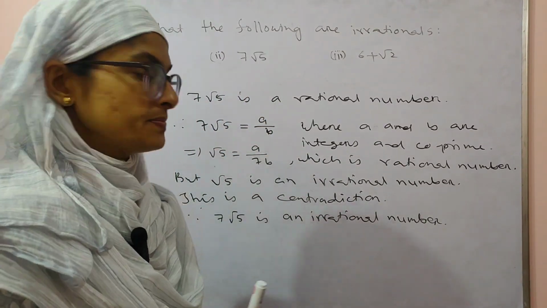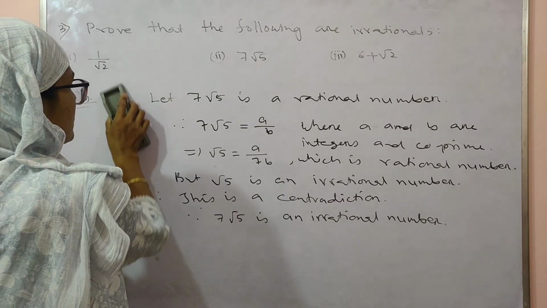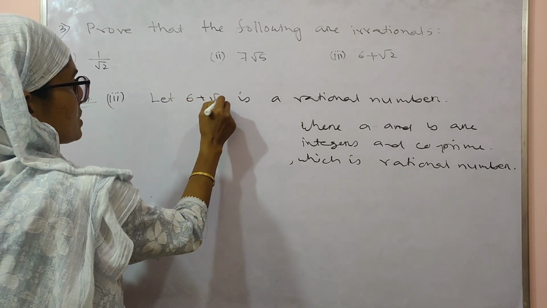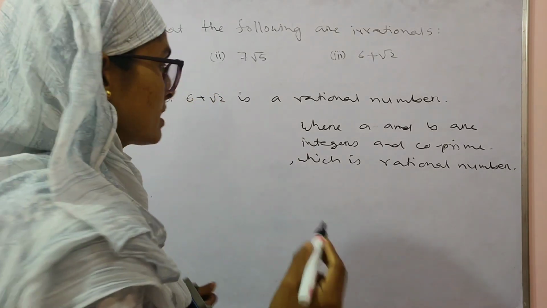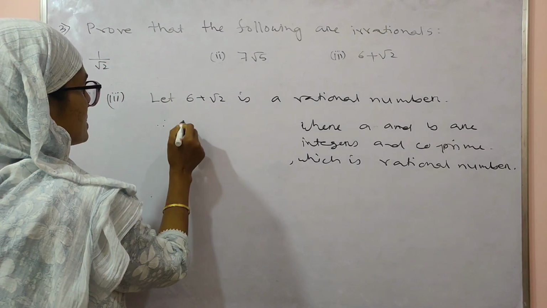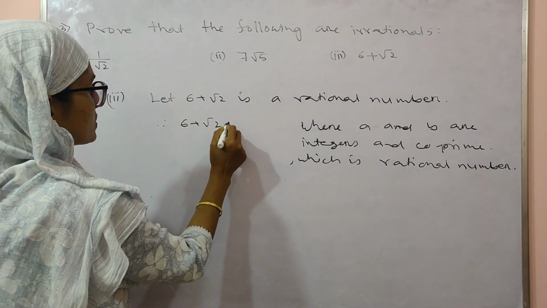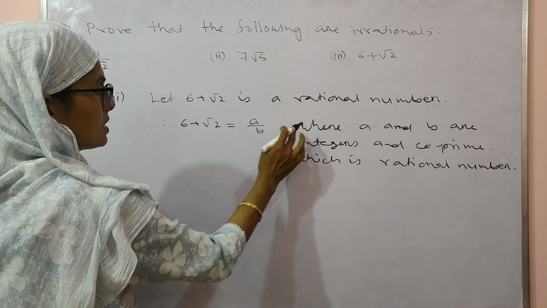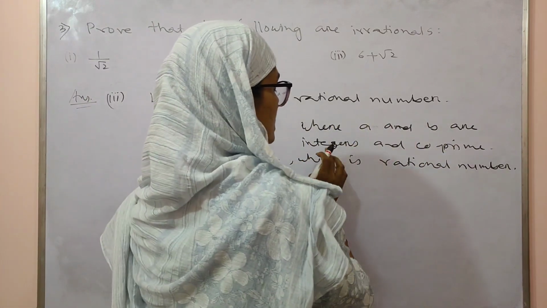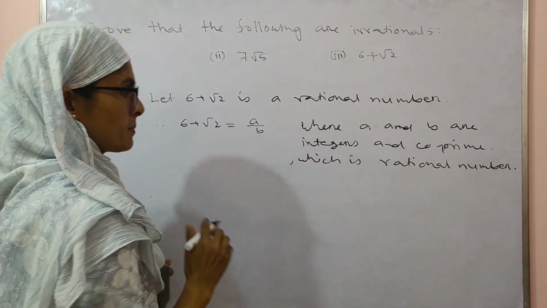Let's write down number 3. Let 6 plus root 2 be a rational number. Therefore, 6 plus root 2 equals a by b, where a and b are integers and both co-prime.